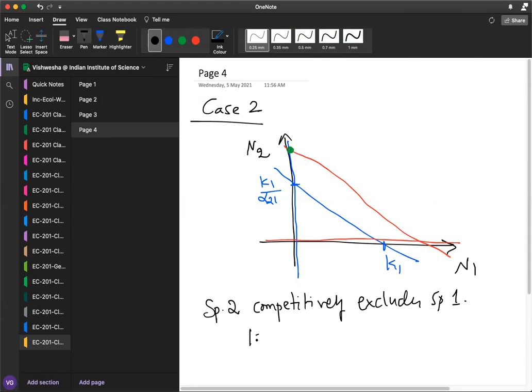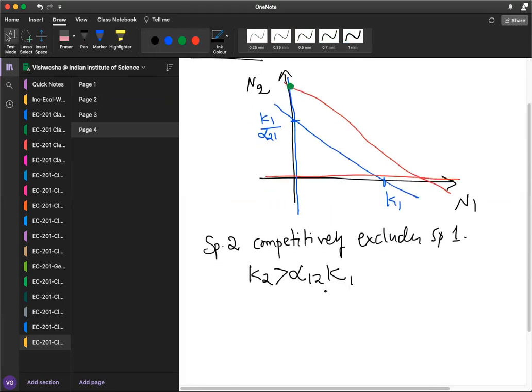K2 must be greater than alpha 1-2 K1, which means that even when species 1 is present at its carrying capacity, species 2 must be able to invade.